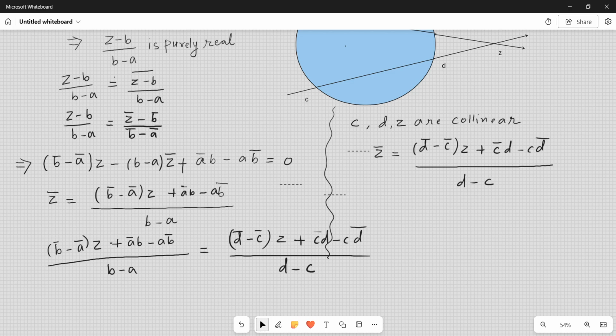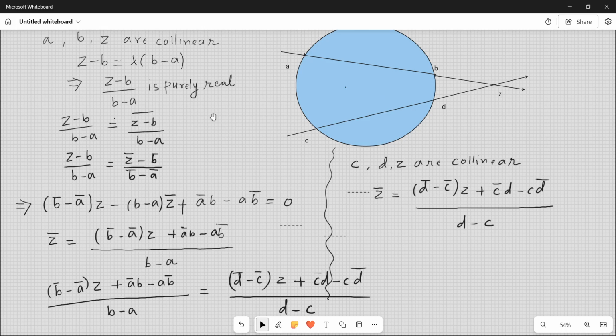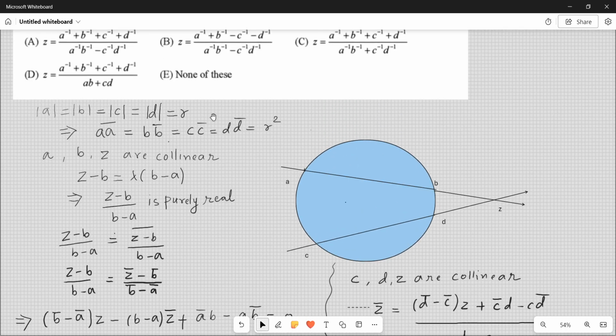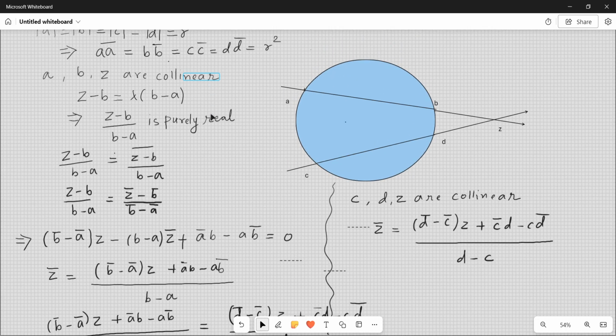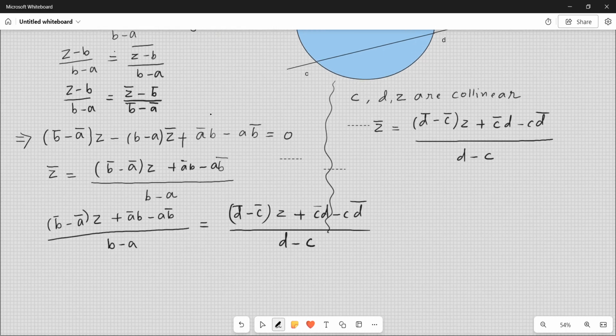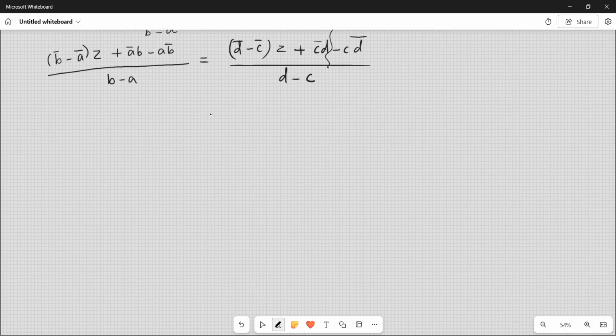Now what we discussed initially was a into a bar is equal to r square, b into b bar is equal to r square, like this. So in place of b bar, a bar, d bar, c bar, what can I write? See, in place of b bar, I can write r square upon b.